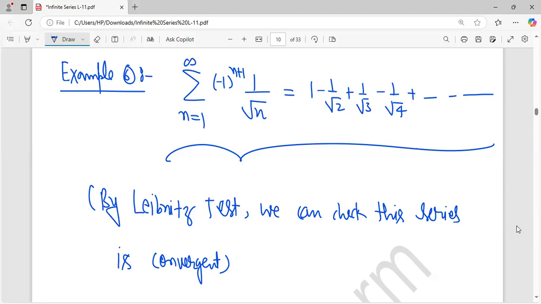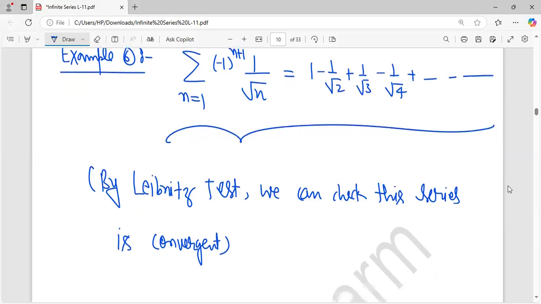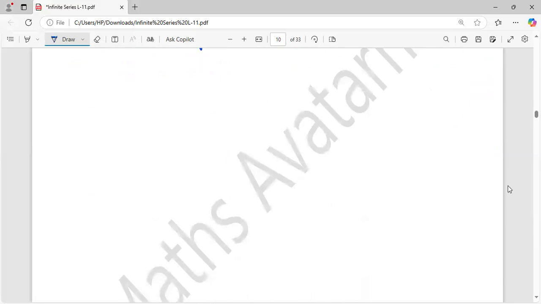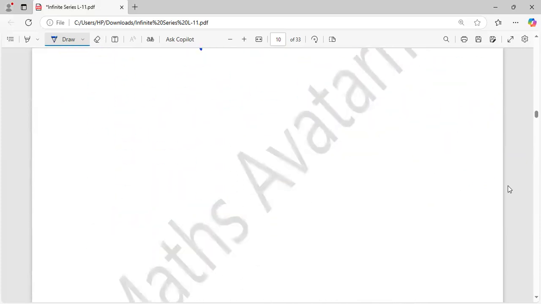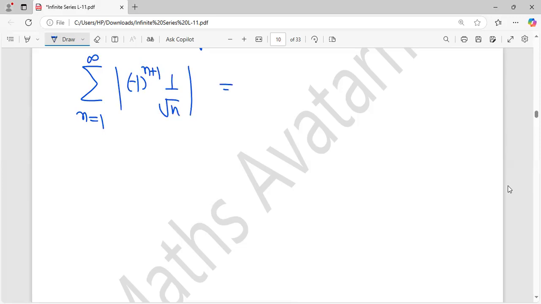Now what about its absolute series? What is the p-value here?